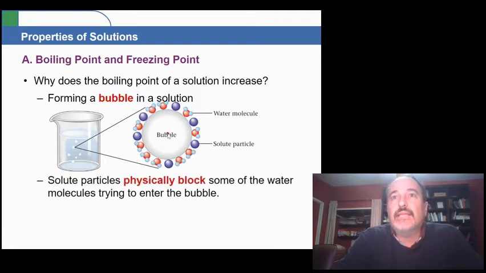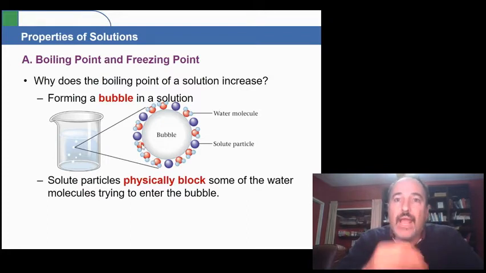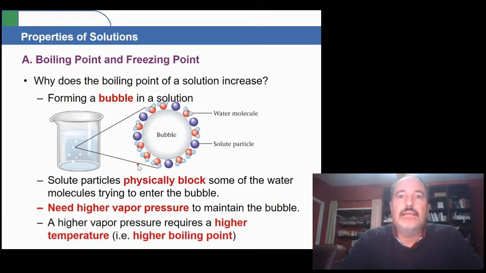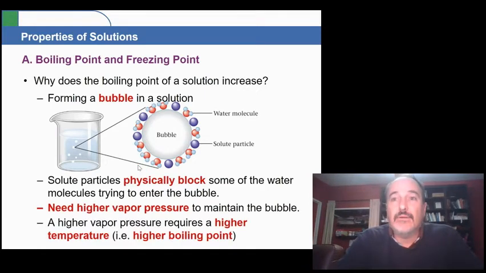But if you have solute particles, they physically get in the way. They physically block some of the water molecules trying to enter the bubble, thus meaning that they need to have more energy in order to do so, and thus increasing the temperature. In other words, a higher boiling point.